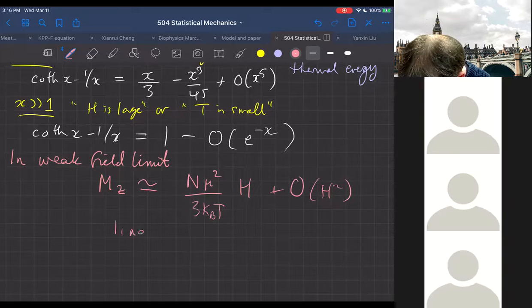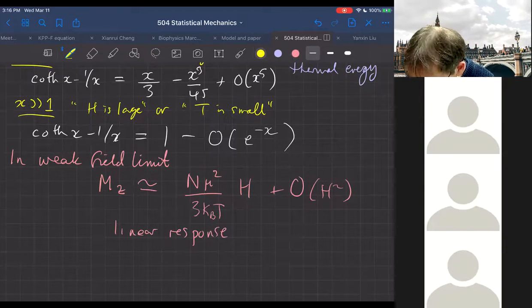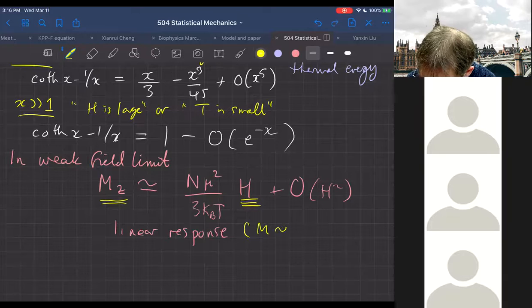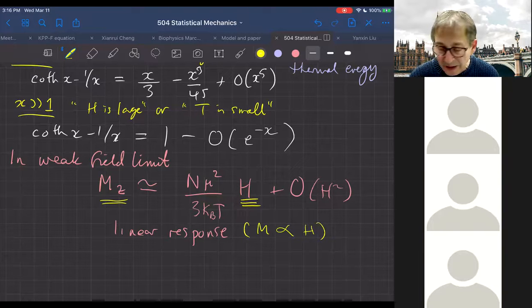This is a statement of linear response, which we'll talk about more in the course. What I mean by linear response is that I apply an external field, and there's a response, and that response is proportional to the external field, which is what you would naively expect.